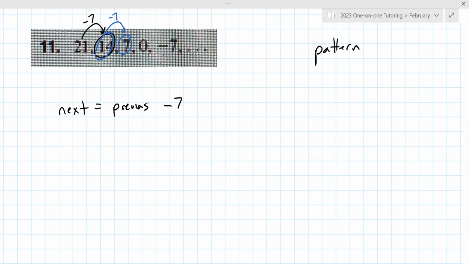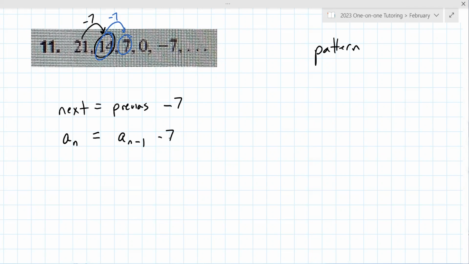Now, in terms of what we can use for indexes, there's a couple of options. This can mean the next term, and then the previous is n minus 1. That's one option, and that's kind of what you've been seeing in your problem sets.